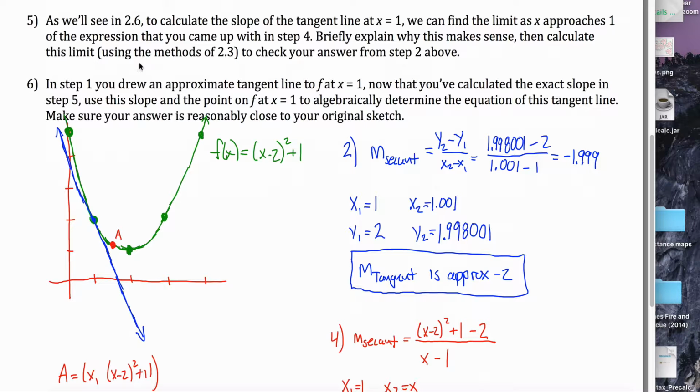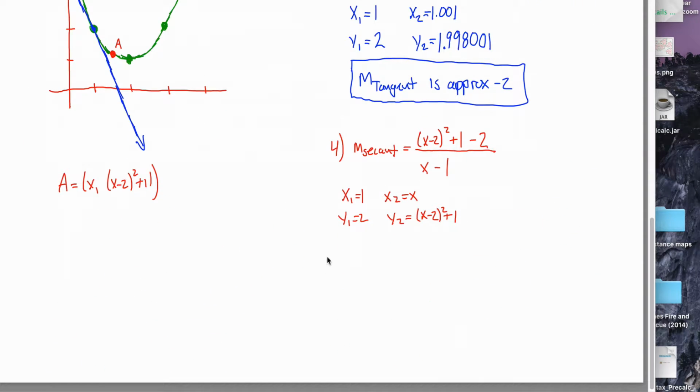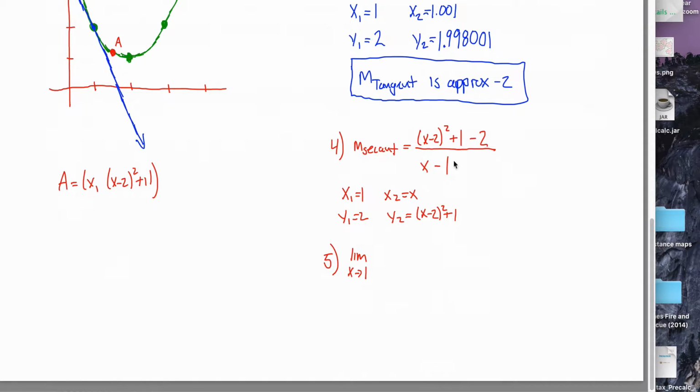Then calculate this limit using the methods of 2.3 to check your answer from step 2 above. What am I up to, step 5? Step 5 says figure out the limit as x approaches 1 of the expression that you came up with in step 4, of x minus 2 squared plus 1 minus 2 over x minus 1.